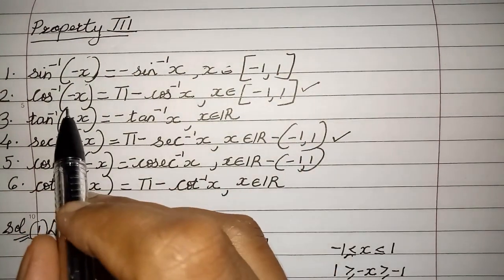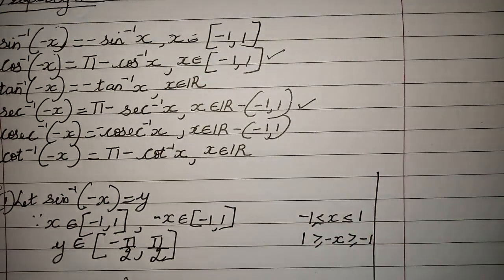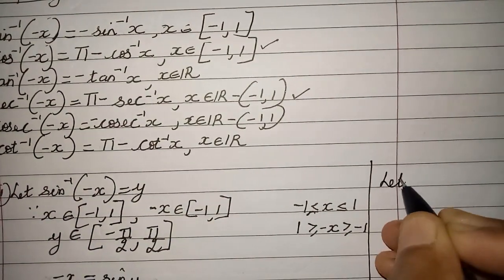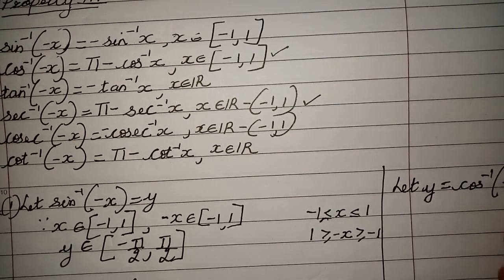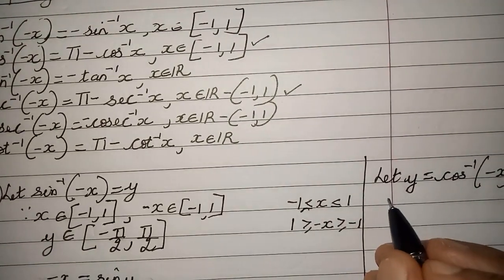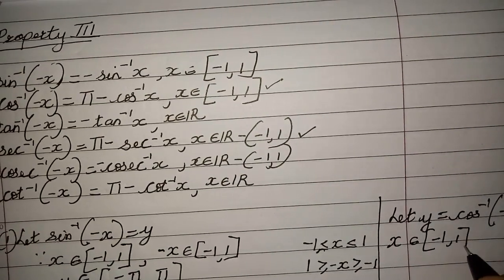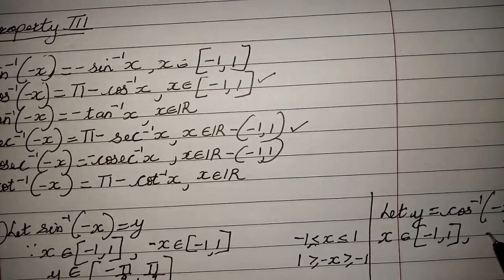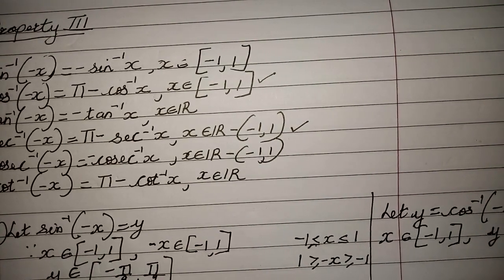The second one says that cos inverse of minus x is pi minus cos inverse of x. So let us start with cos inverse of minus x. Let y be equal to cos inverse of minus x. Yesterday we saw that here in the question it is already given that x is coming from the closed interval minus 1 to 1, and for such x from the domain of cos inverse, y will always belong to the closed interval 0 to pi.